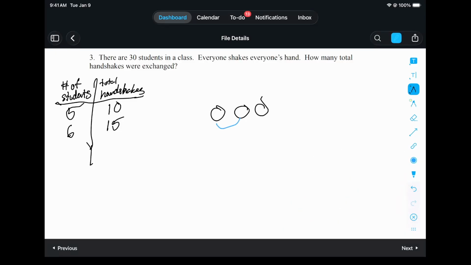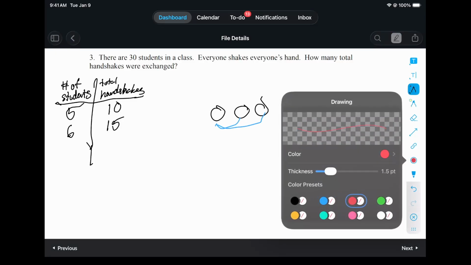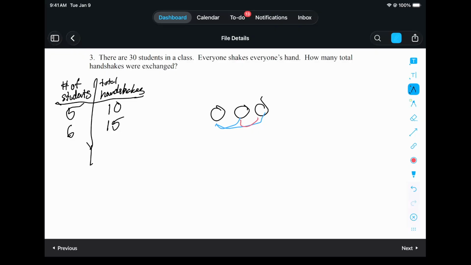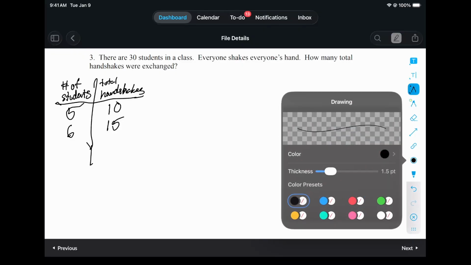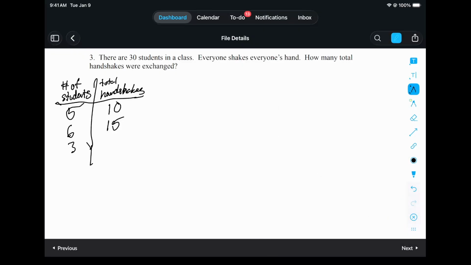We have 1, 2, 3. 3 people, 3 handshakes. And then an example from class was 25 students. I'm not drawing that out, but we deemed that there was 300 handshakes.